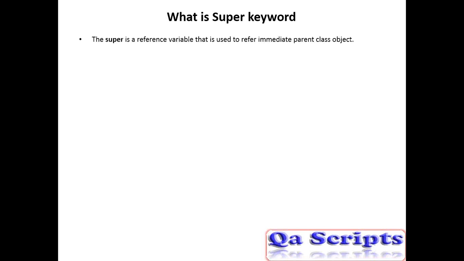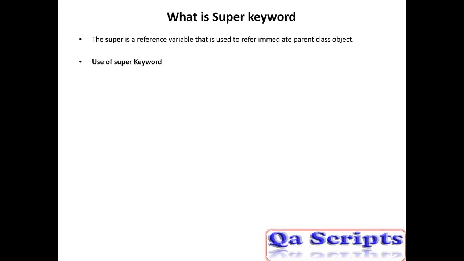Here, when I say parent class, I mean the methods inside the class, the variables, as well as the constructor. Using the super keyword, we can refer to the immediate parent class variables, methods as well as constructors.